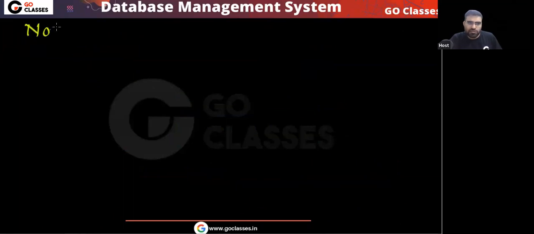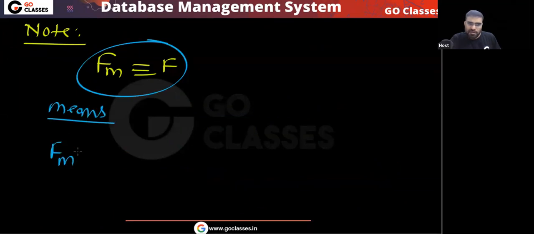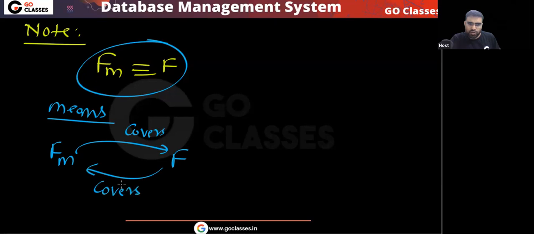But anyway, the point is very simple: this minimal cover FM is also equivalent to F. What does that mean? That means this FM, the minimal cover, will cover F, and this F will cover FM. Yes or no? Is this clear?